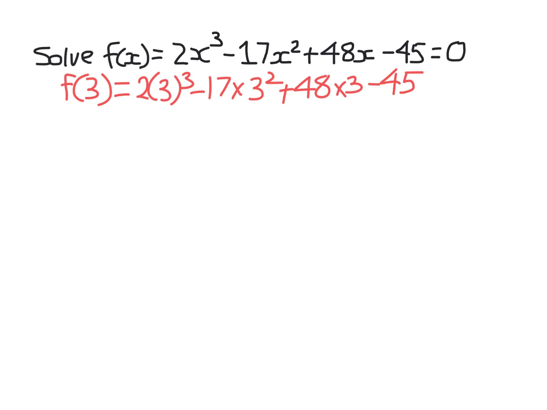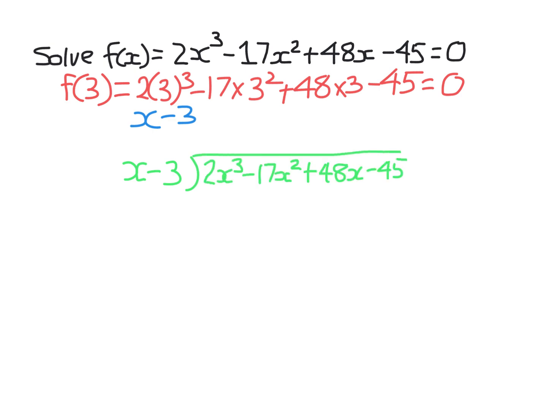It turns out that that is a root. 3 is a value I can substitute to make this 0. So the factor theorem tells us that x minus 3 is a factor. So I am going to use polynomial long division. Now that I have a factor, I'm going to see how x minus 3 goes into the cubic.